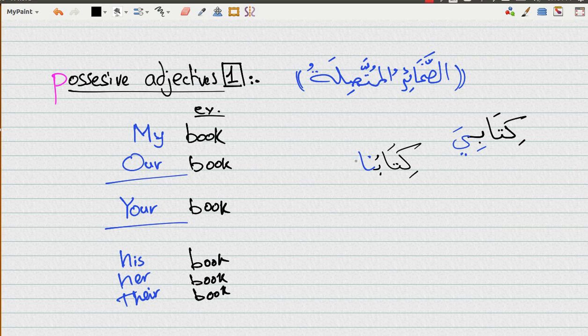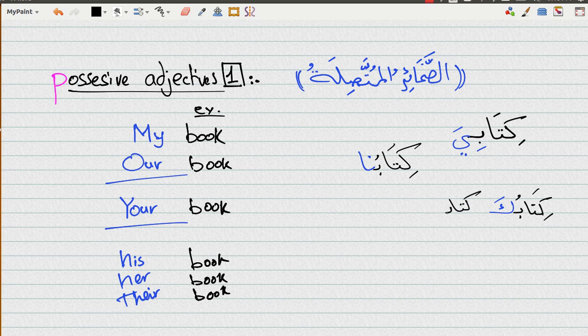If I'm gonna say your book, well, there are 5 because we have 5 pronouns for you, right? So expect 5 different suffixes. Starting with your book, talking about a person who's male, singular, I would tell him your book. I'd say كتابك. Okay?